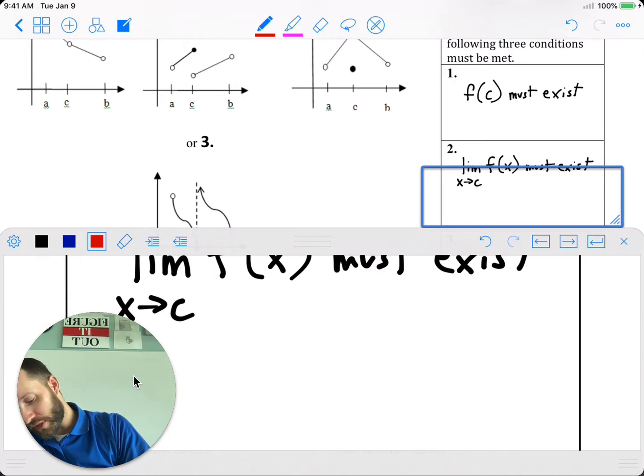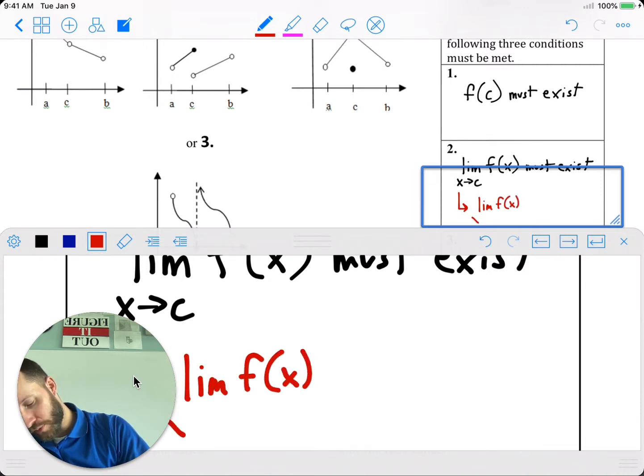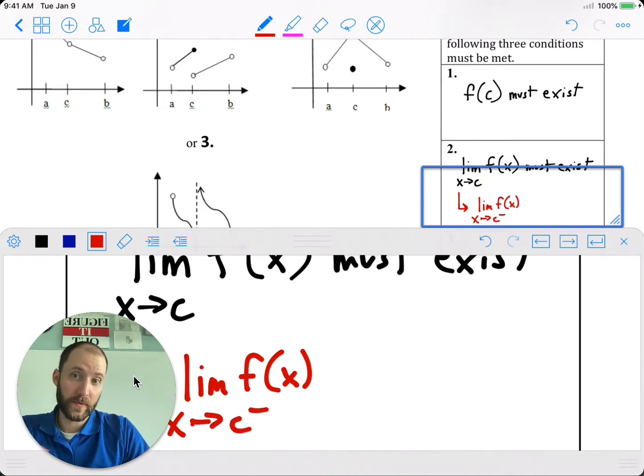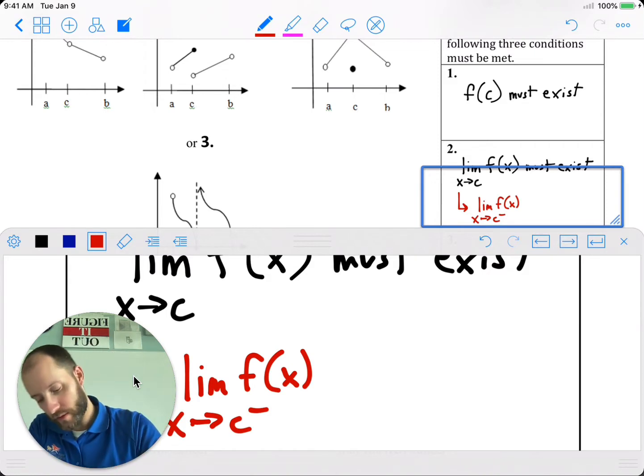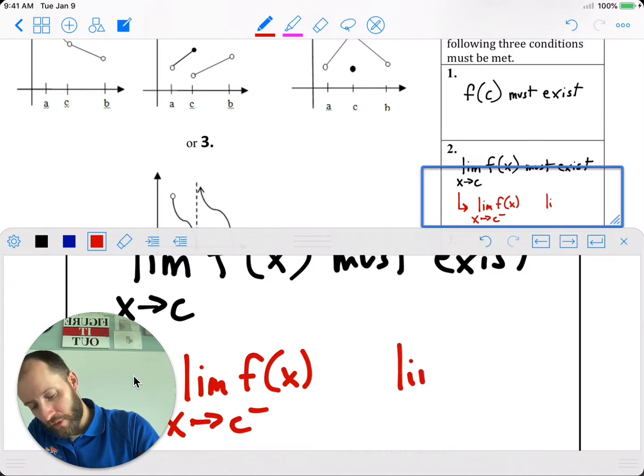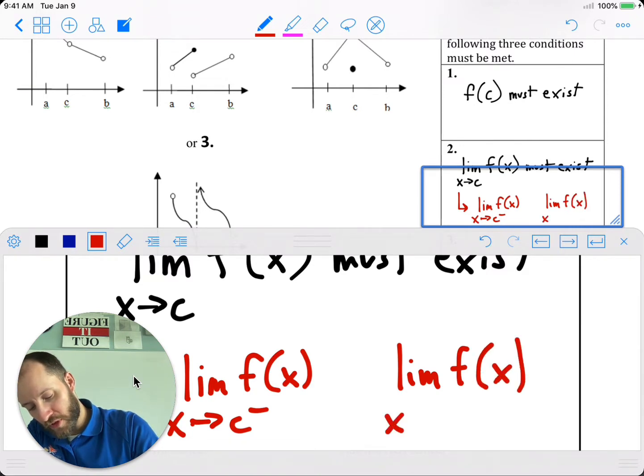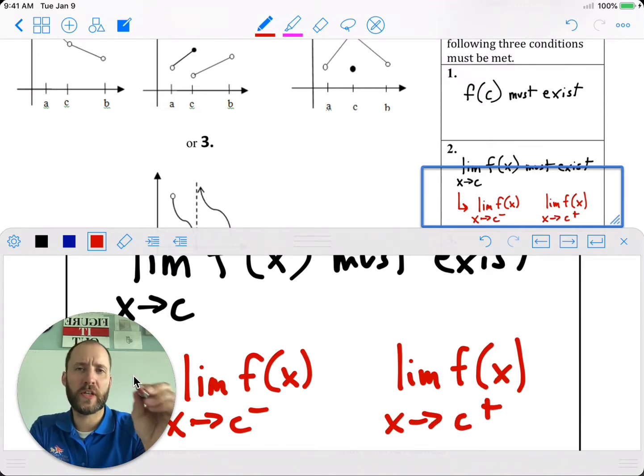For a limit to exist, the limit of f of x as x approaches c from the left has to equal the limit of f of x as x approaches c from the right. So those 2 things have to be equal to each other.